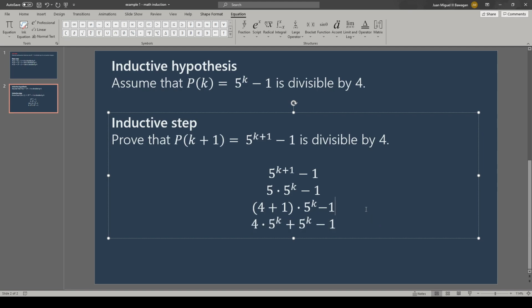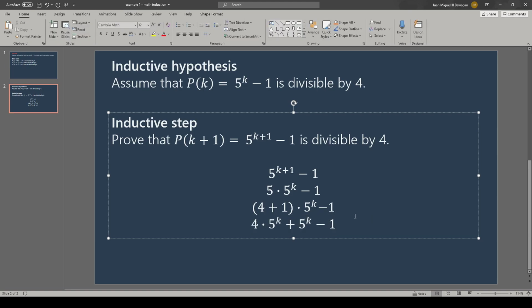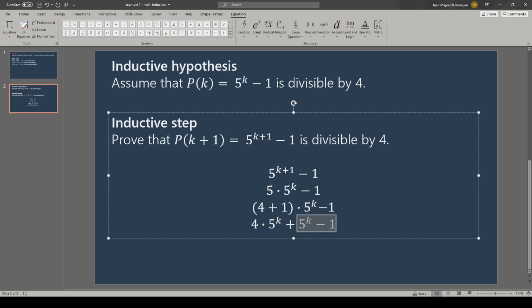Now, as you could see, 5 raised to k minus 1 is our inductive hypothesis. We assumed that 5 raised to k minus 1 is divisible by 4. So we now know that this part in our expression is divisible by 4. How about the other part of our expression?